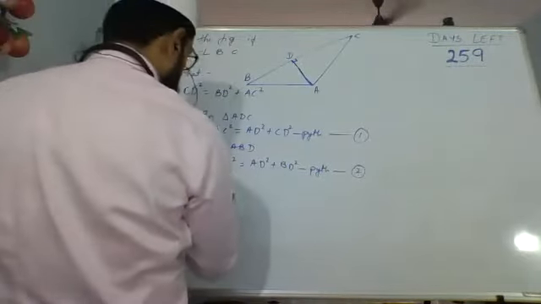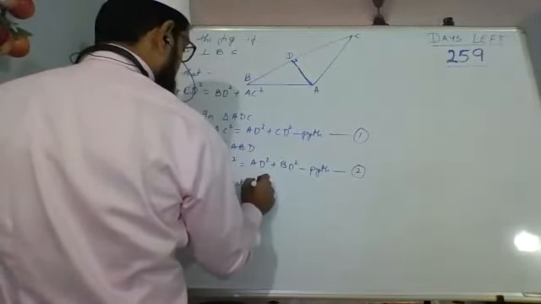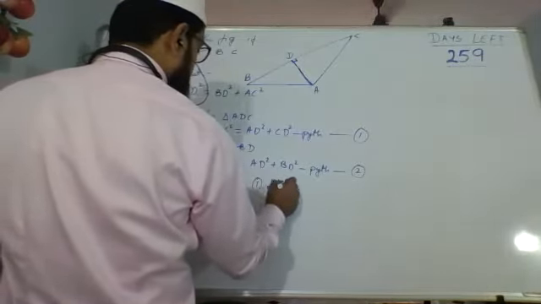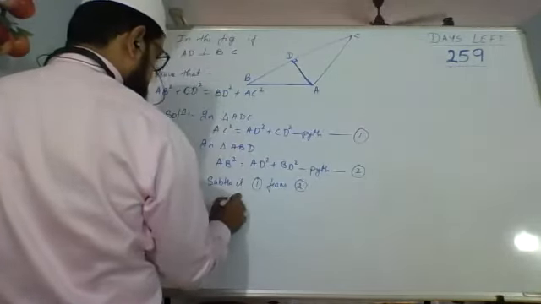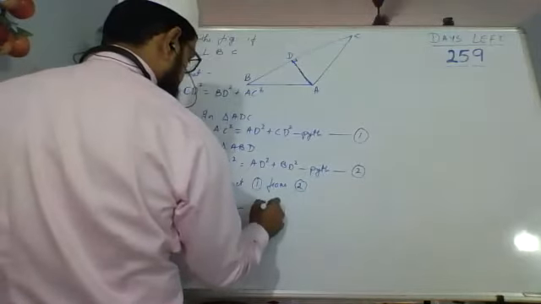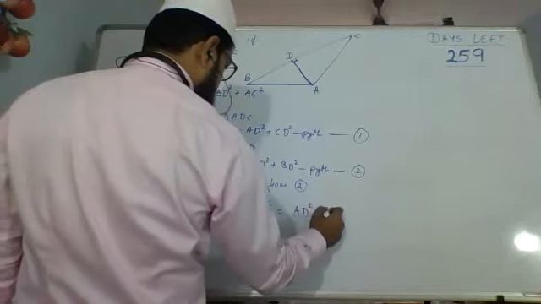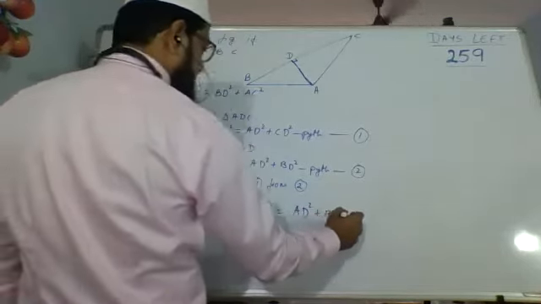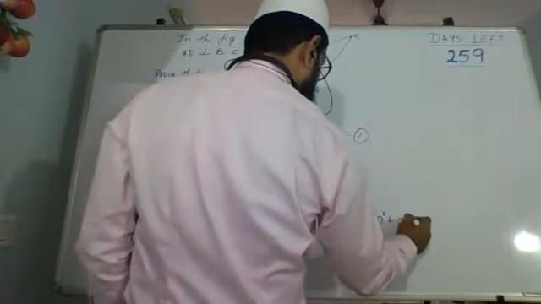From 2, subtract 1. So 2 is AB square; from this I have to subtract AC square, which is AD square plus BD square minus AD square plus CD square.